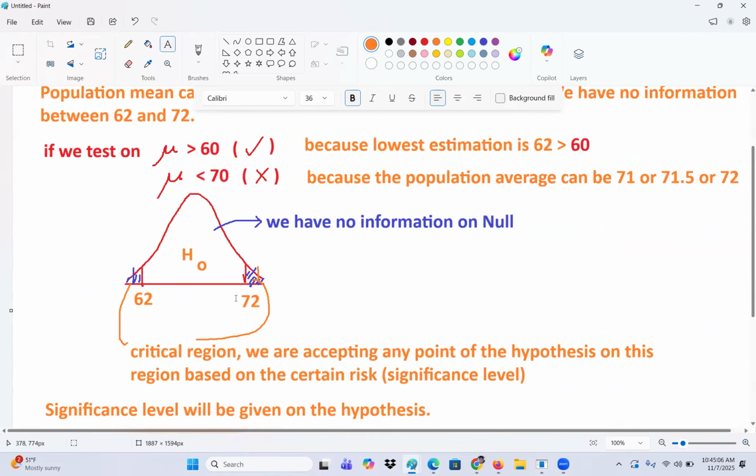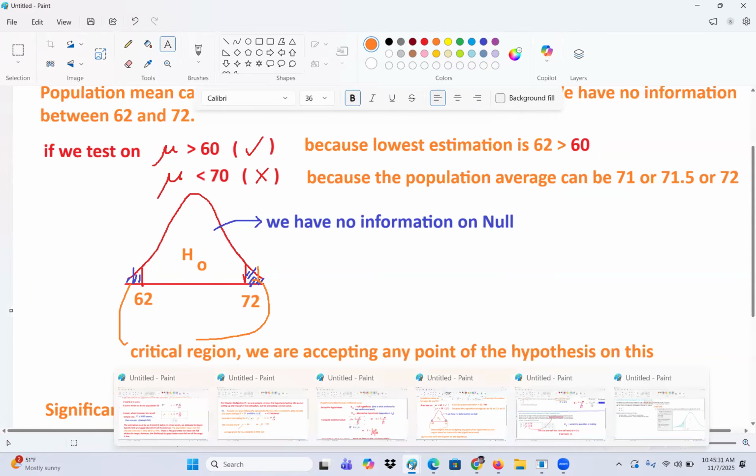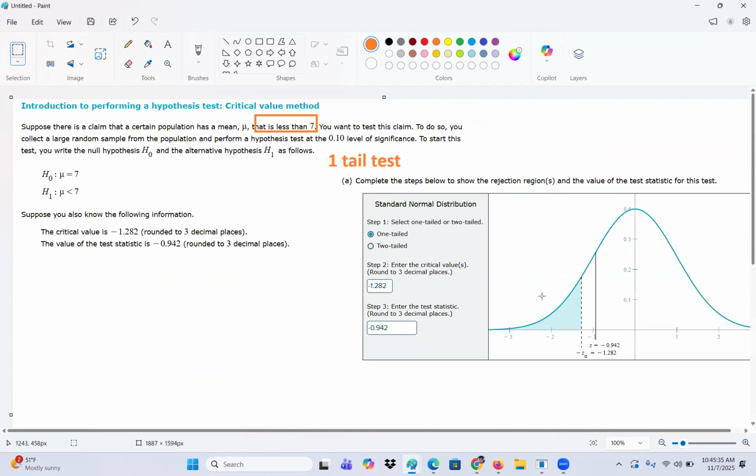Assuming that we have 62 and 72, inside the region between 62 and 72, we cannot make any decision. We have no information. We cannot say anything about the test. So we fail to reject the null hypothesis, right? Anything that makes our analysis stay inside of the testing region, we cannot say anything.